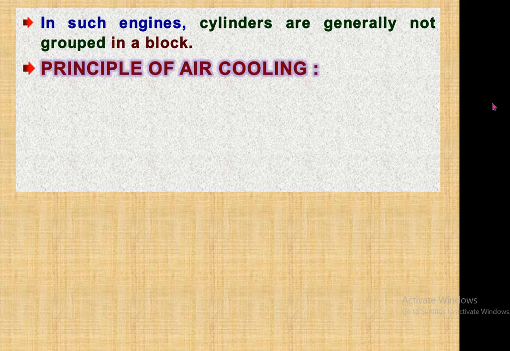So the air cooling system is employed in engines where cylinders are not grouped in a block. They are separated from each other. It may be in the V fashion or in the F fashion, but it is separate and individual, not grouped in a block.